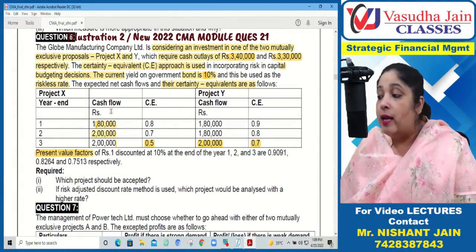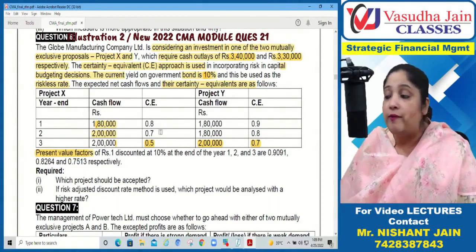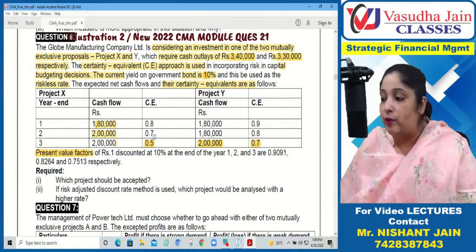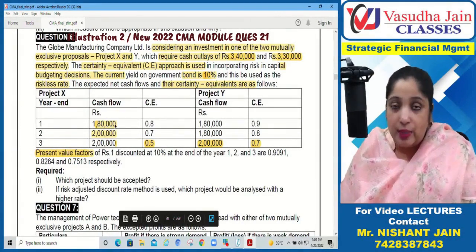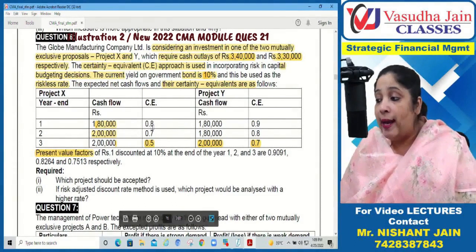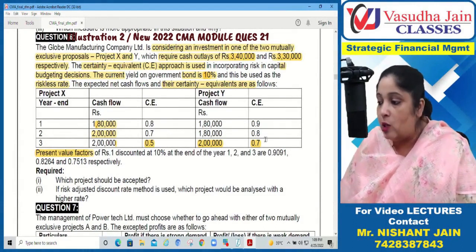Again, cash inflows are given, but these are uncertain cash inflows. You have to multiply with the certainty equivalent factor to get the certain cash inflows. So basically, 1,80,000 is an uncertain cash flow. It can come, it cannot come, but 80% of this is certain. Similarly, for Project Y, certainty equivalent factors are also given.